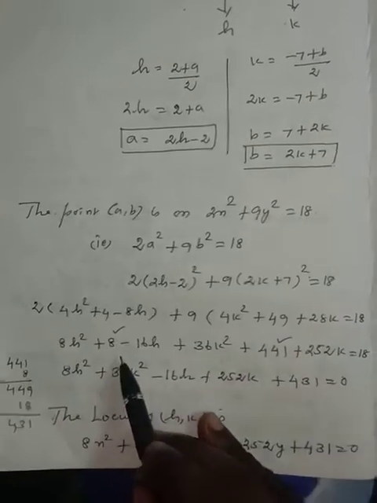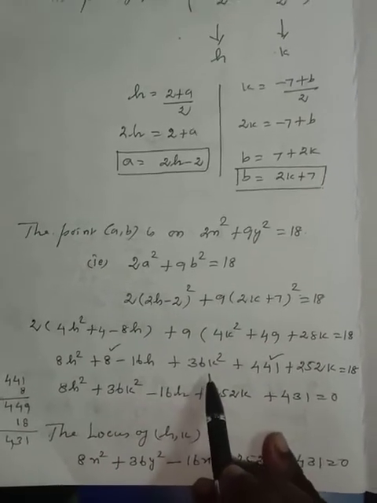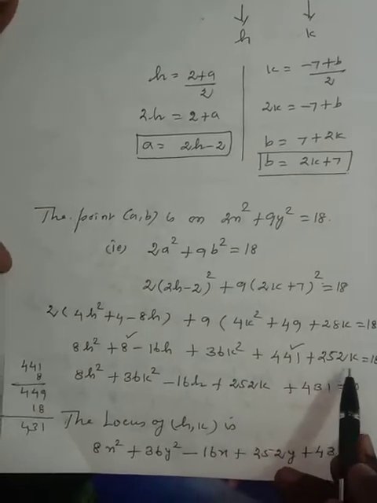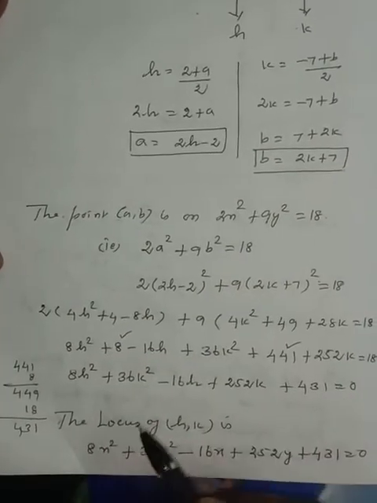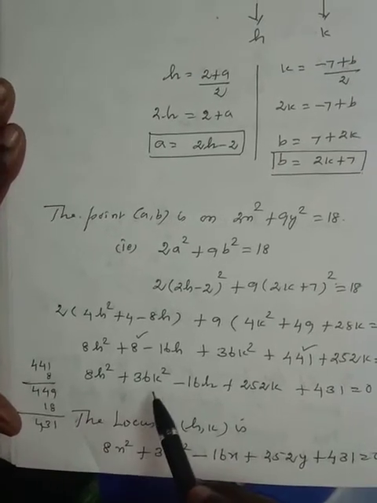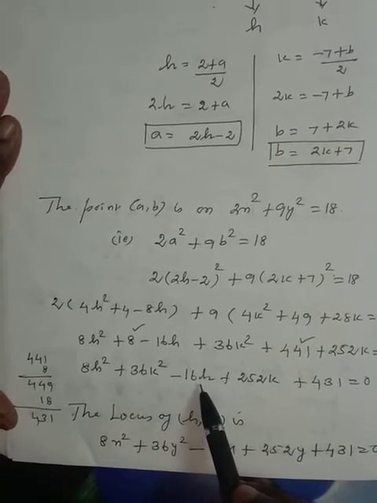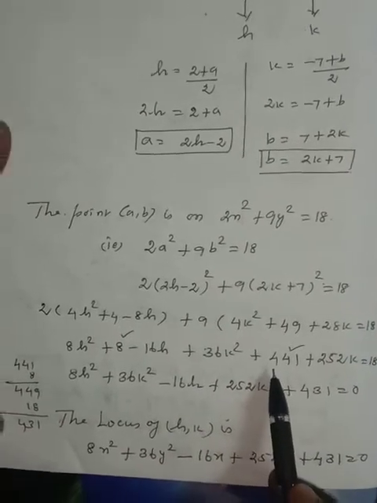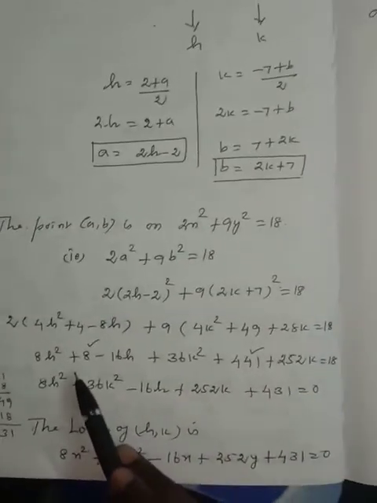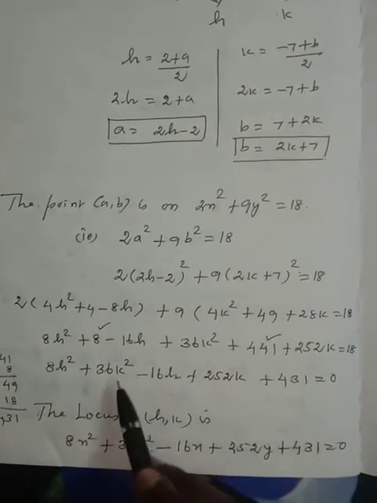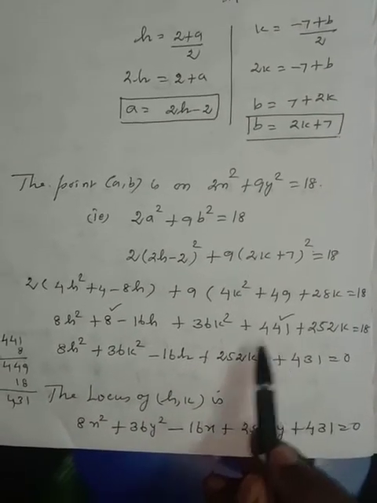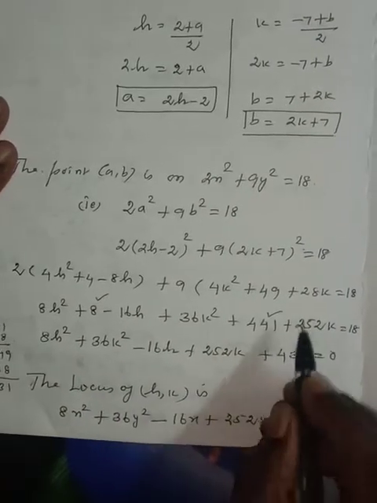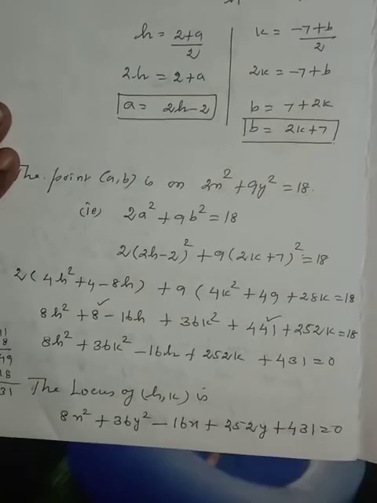Now 8h square plus 8 minus 16h plus 36k square plus 441 plus 252k is equal to 18. Now arranging, we have 8h square plus 36k square minus 16h, plus 252k, and 441 plus 8, which is 459.